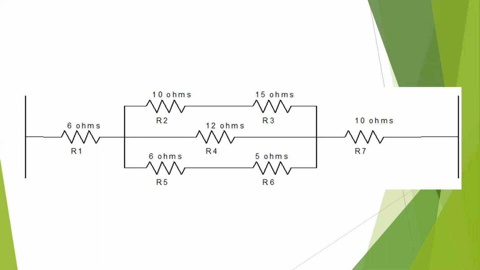Focus on this. If I'm now focused on this, I use what formula? The reciprocal formula. So you focus on combining R2,3, R4, and R5,6 using the reciprocal formula. And what do you get for a total resistance?